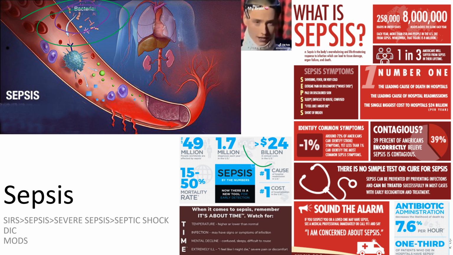You can see it costs about $24 billion per year for sepsis. That's around 2016, 2018 or so. The mortality rate is up to 50%. That's just with sepsis. If you have septic shock and go into another complication, multi-organ failure, that can lead to up to 100% mortality.